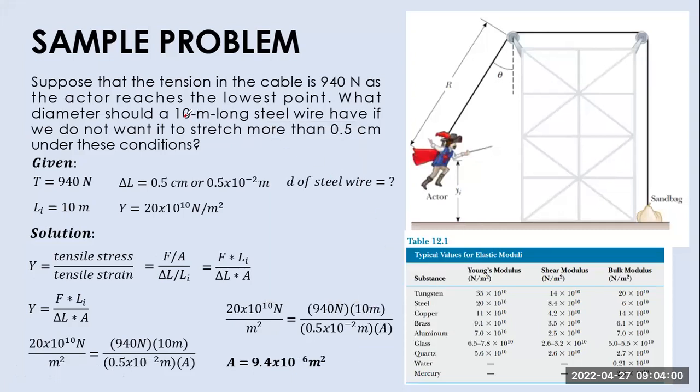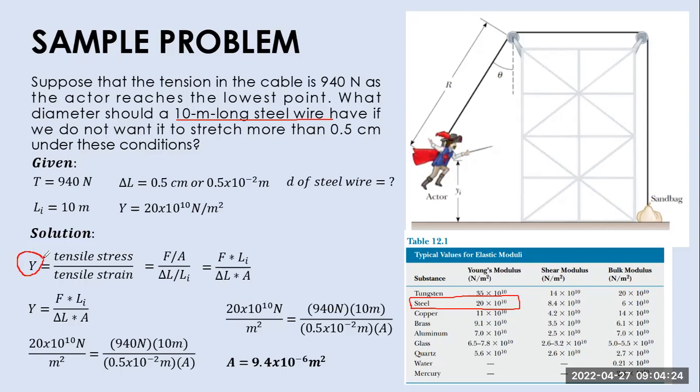We have here a 10-meter long steel wire. So its Young's modulus value is this. We have here steel, so this is its value: 20 times 10 to the power of 10 Newton per meter squared. This is the value we will consider for the Young's modulus, or our Y.